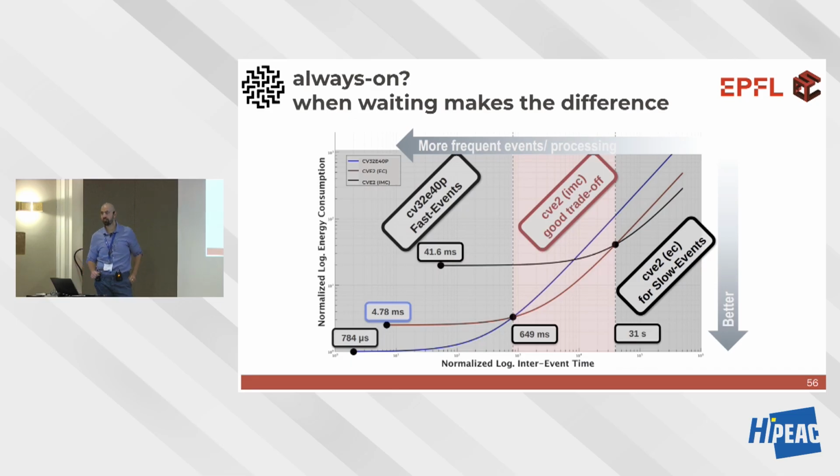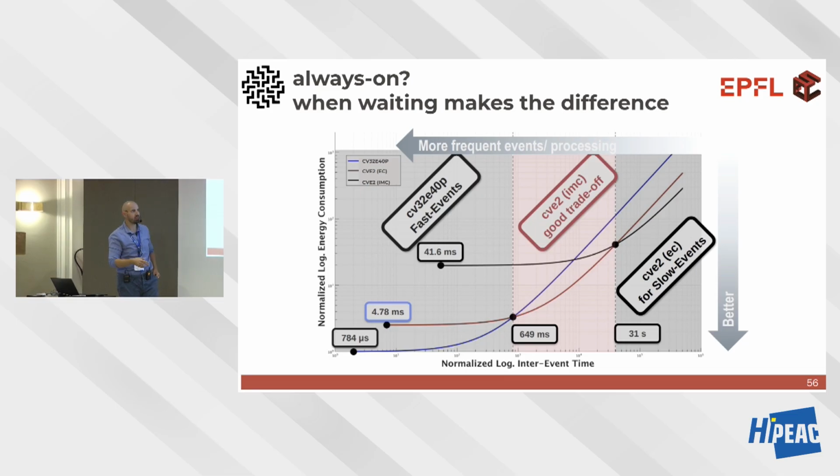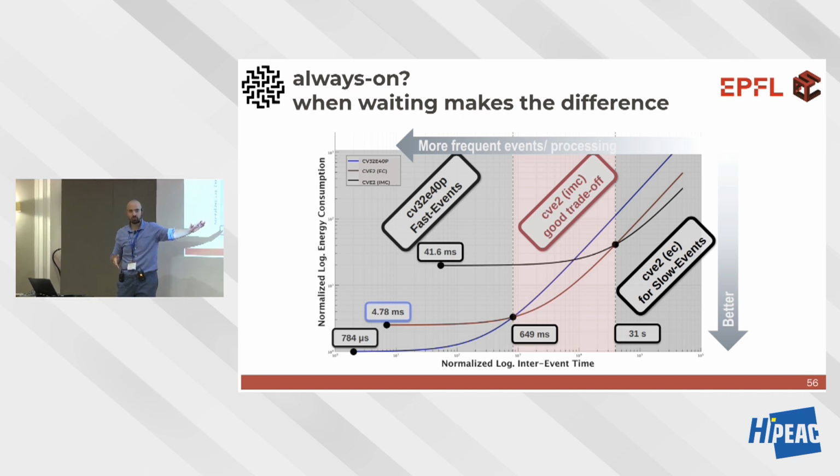Because, that's the graph, while I'm waiting, my energy in the logarithmic scale is increasing because I cannot switch off. And if I'm waiting too long, it doesn't really matter the numbers that are here. Those are 65 nanometer in whatever context, whatever voltage. But there exists a point where the second CPU becomes more energy efficient because it's leaking less.